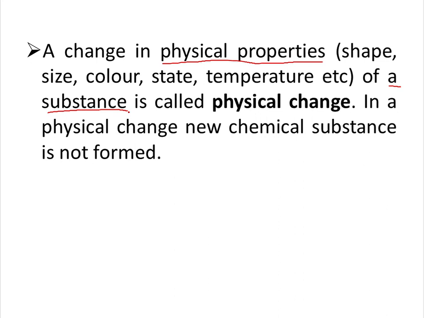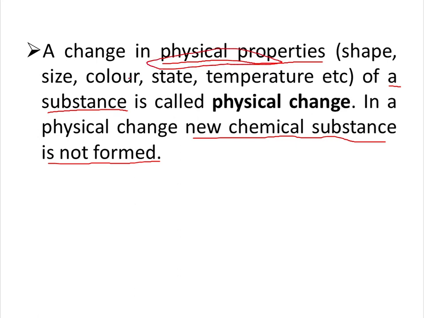That means what? Substance is not changing, only the physical parameter of that particular substance is changing, right? If substance is not changing, that means in a physical change new chemical substance is not formed, right? So a physical change is a change in which only the physical property changes, right?